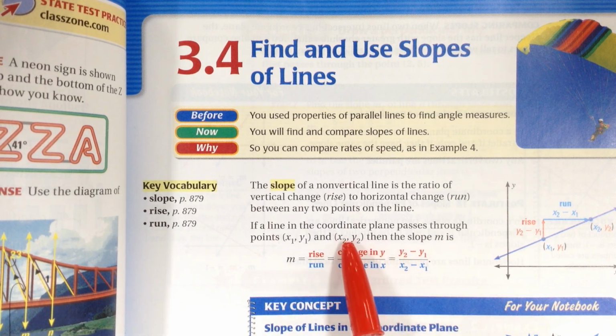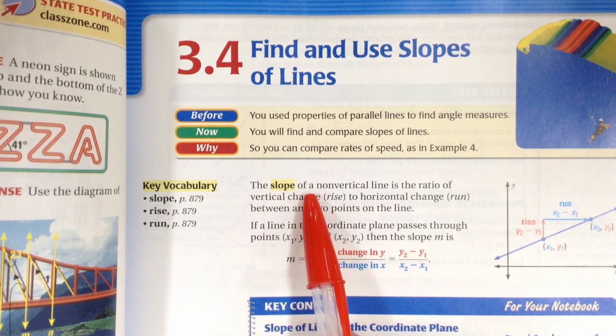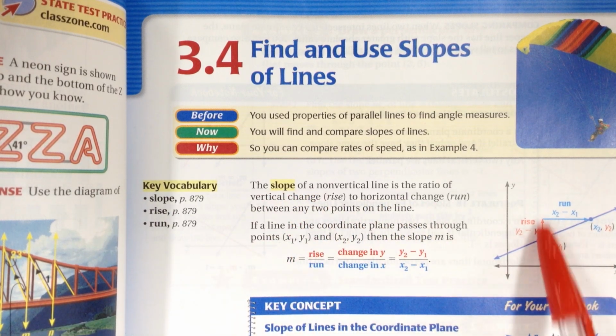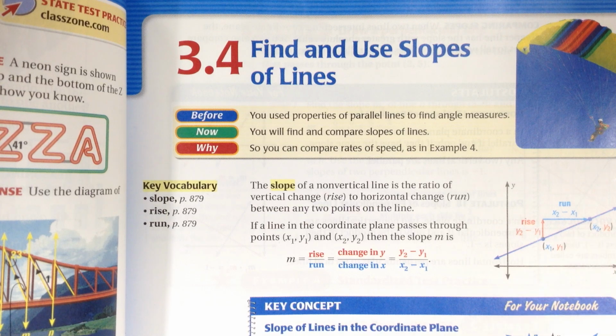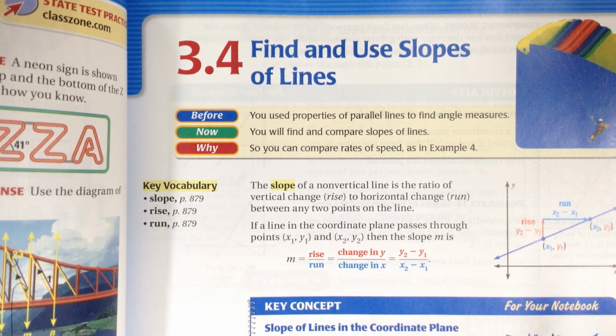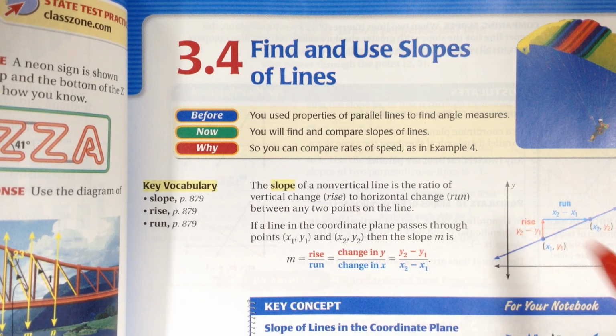The definition of slope is a ratio of the vertical change, or rise, over run. If you don't remember which is which, use common sense.